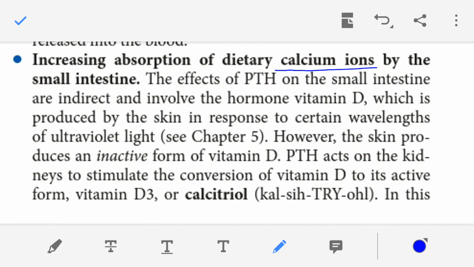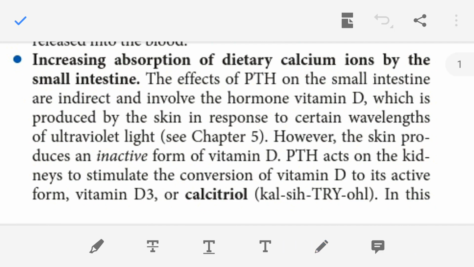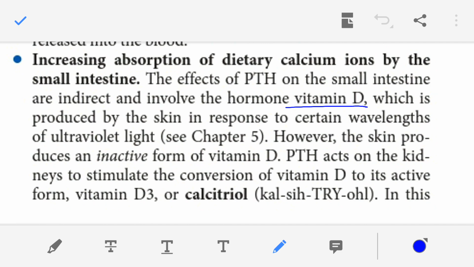So first of all, the effect of PTH on small intestine is not a direct one, it is actually an indirect effect. Okay, and when PTH is affecting the small intestine, first of all, the formation of vitamin D takes place. So we obtain vitamin D from two sources.